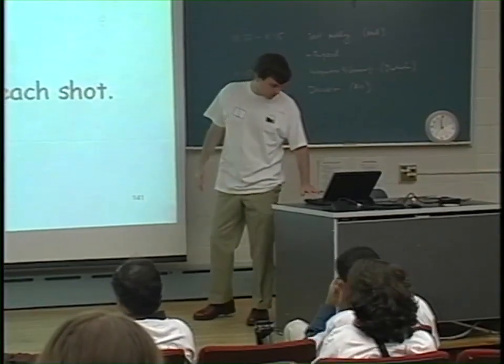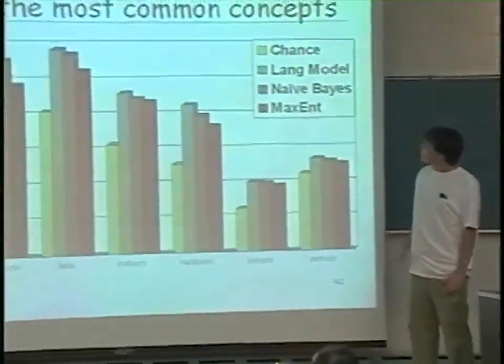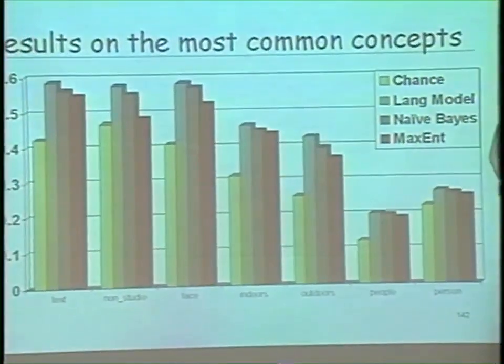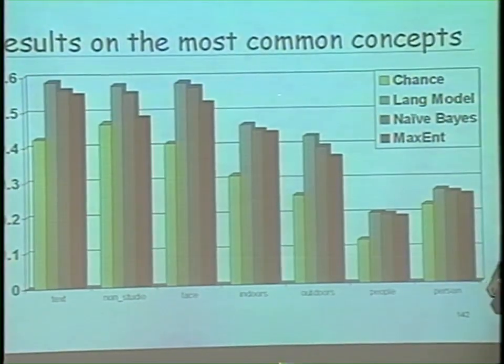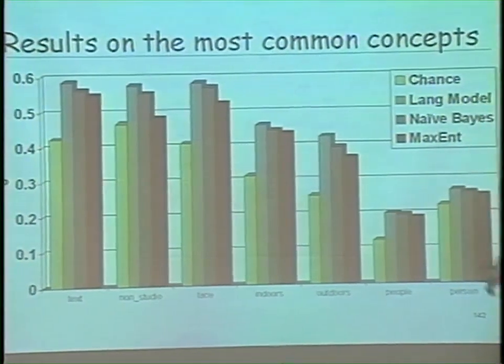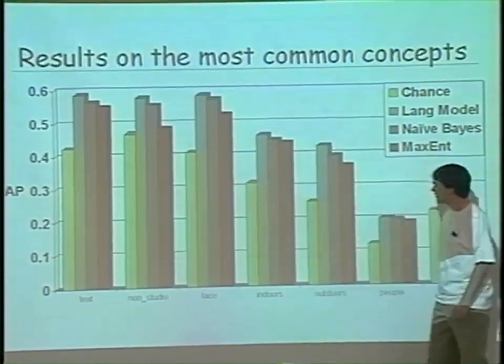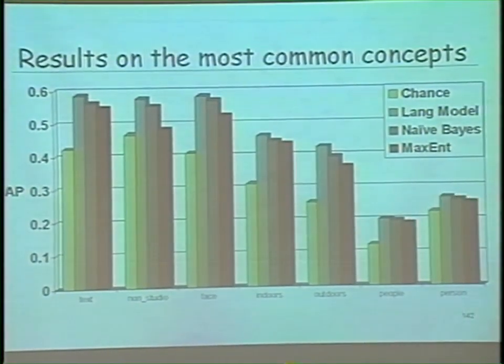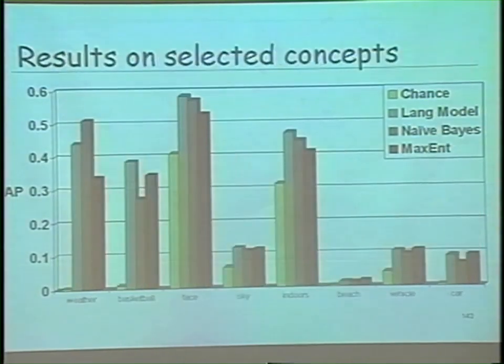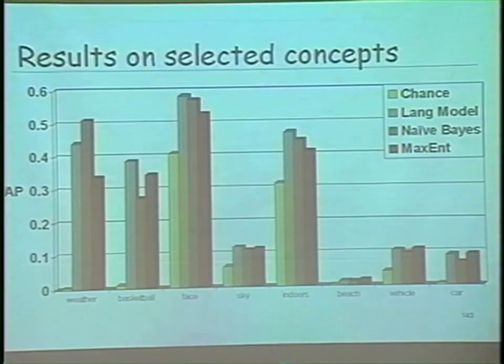So here are our results. We are surprisingly not bad. Here's chance performance in yellow, and here are our three best performing models. You'll notice that they're all much larger than yellow, particularly the language model, which is in gray. Our results on less common concepts are pretty interesting. Basketball and weather were way, way better than chance. And we think this is because there's a distinct lexicon for basketball and weather.